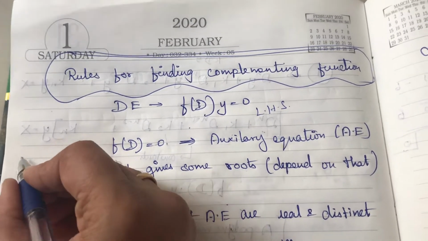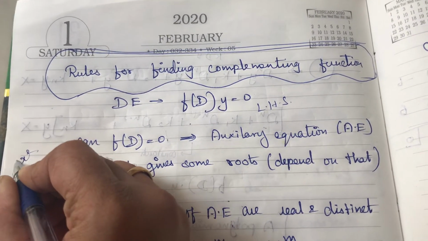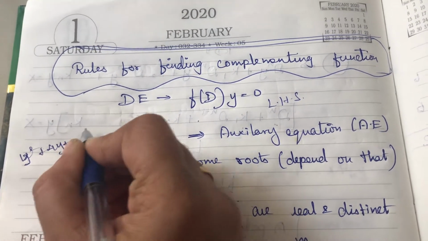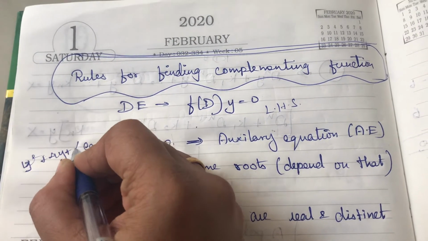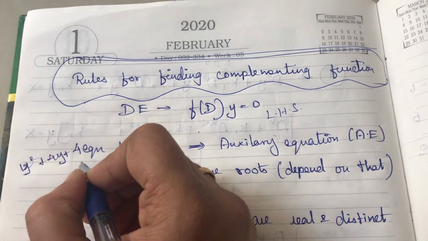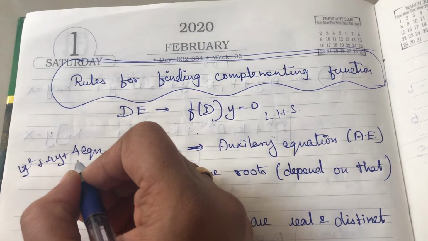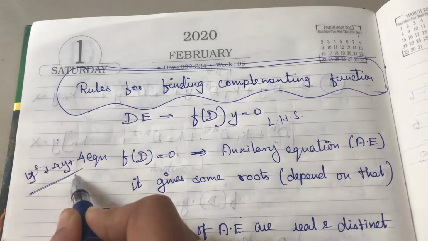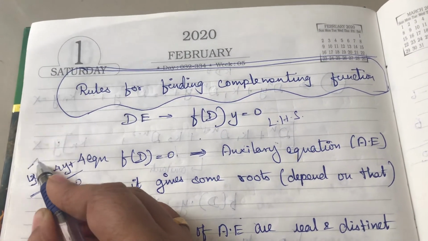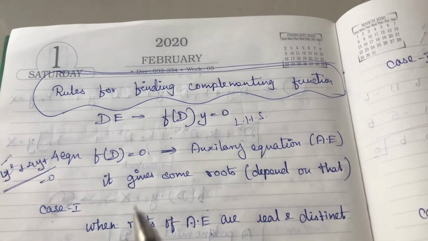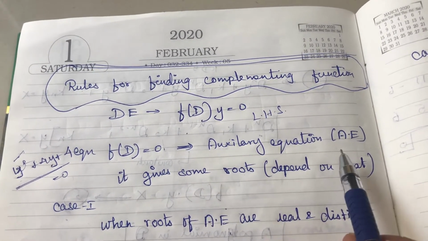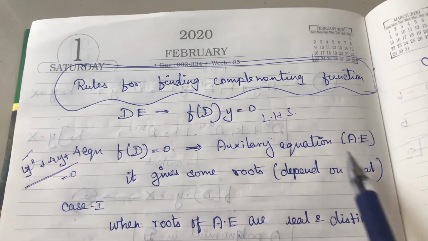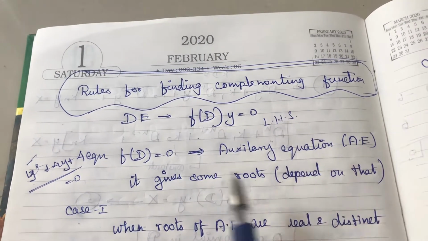For example, the auxiliary equation may be m square plus 4m plus 4 equals 0, and from this we can find two roots. This is called the auxiliary equation. It gives some roots, and depending on that we will find the complementary function.